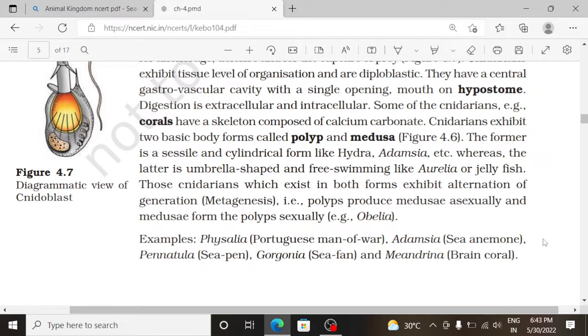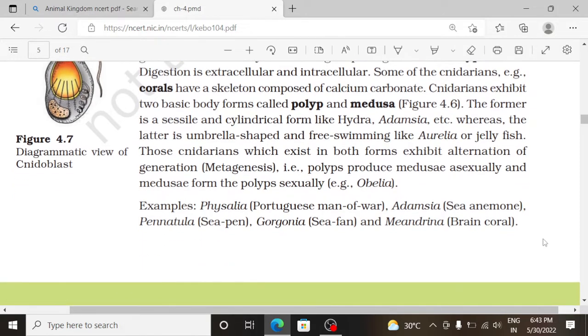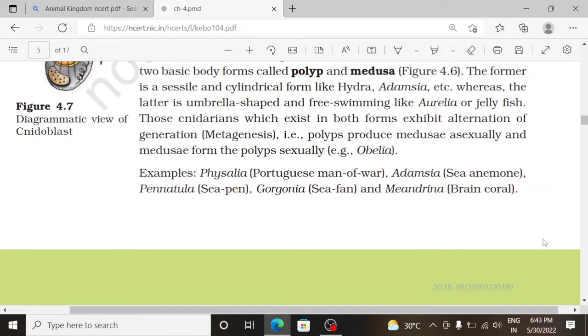Those cnidarians which exist in both forms exhibit alternation of generation, that is metagenesis, that is polyps produce medusae asexually and medusae form the polyps sexually. Example Obelia. Examples: Physalia, Portuguese man of war; Adamsia, sea anemone; Pennatula, sea pen; Gorgonia, sea fan; Meandrina, brain coral.